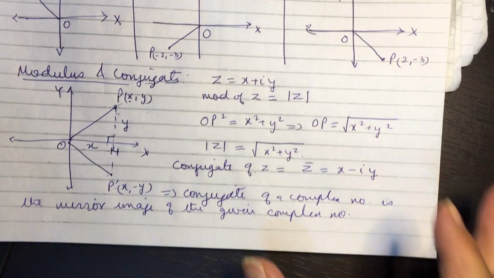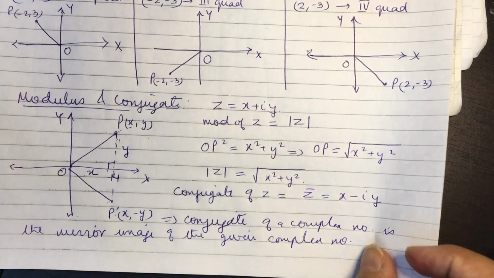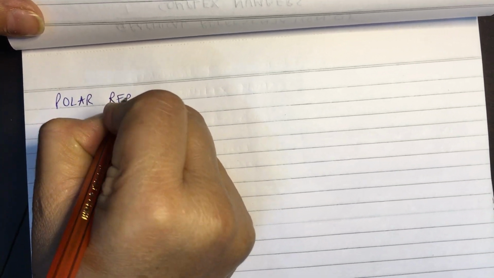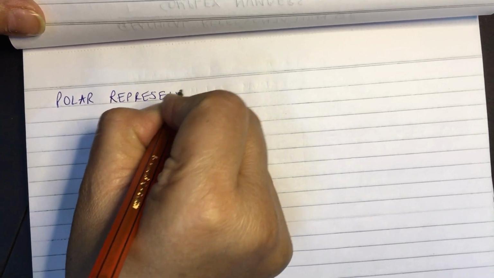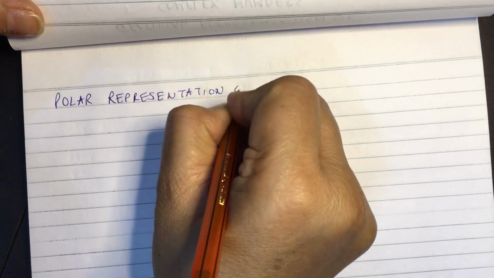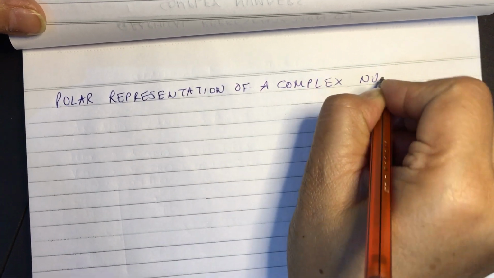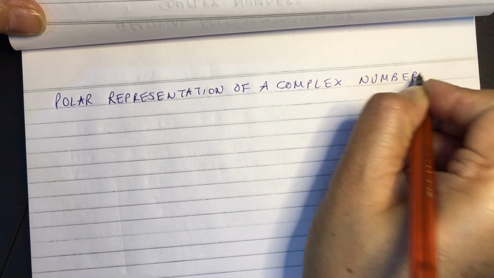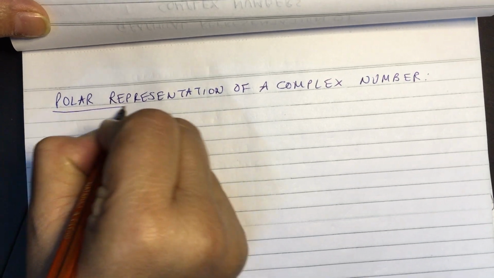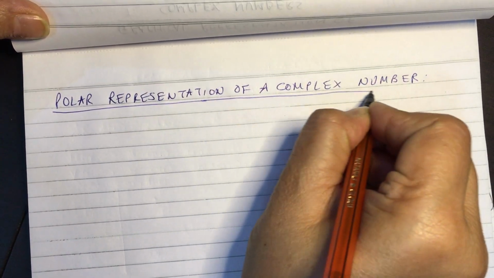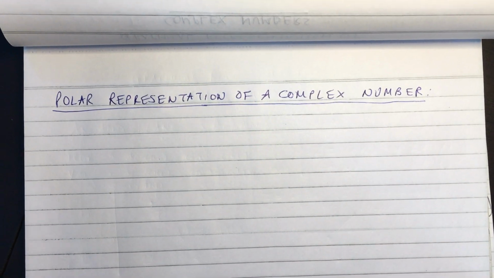Okay. Now, let's consider the next topic, and a very important topic, which is polar representation of a complex number. This is another way of writing a complex number.